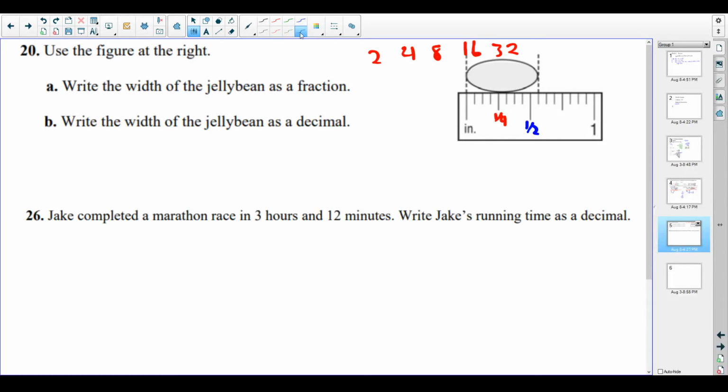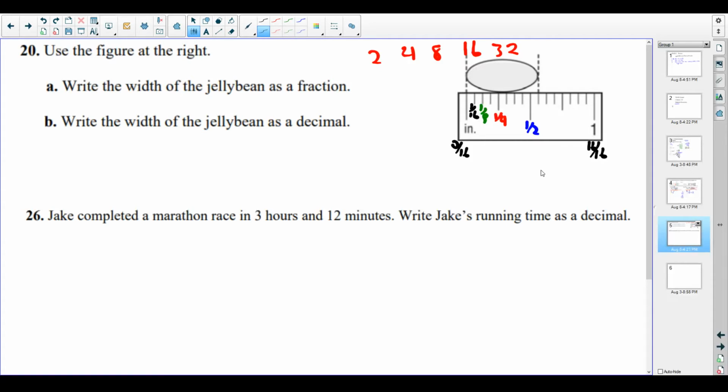And then 1/2 of that, right here, is 1/8. And then this very last one, you guessed it, is 1/16. So we start at 0 out of 16, and we end up with 16 out of 16, or 1.